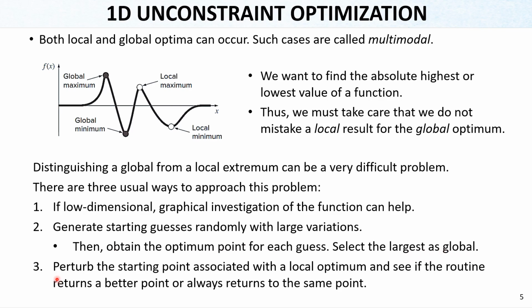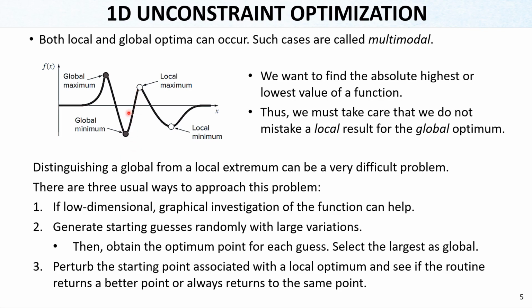Another option is to perturb the starting point associated with the local optimum and see if the routine returns a better point or always returns to the same point. So let's say we found this point, then we are going to perturb this as a second initial guess. So we will start the optimization again, for example, from here or here.